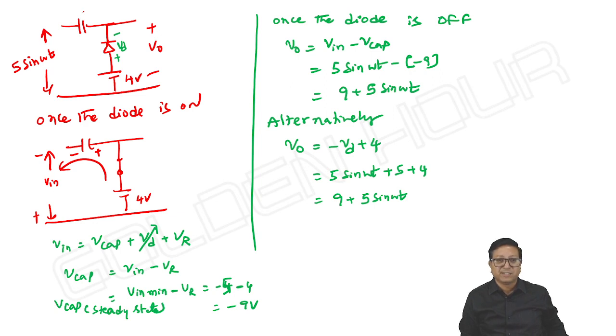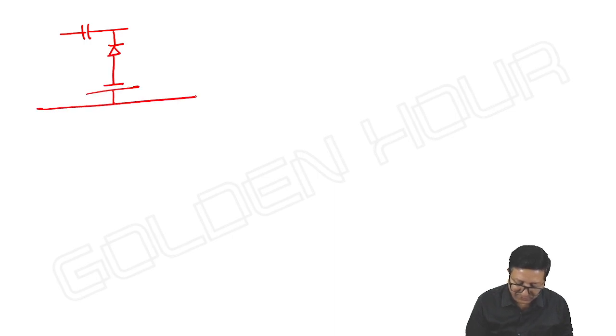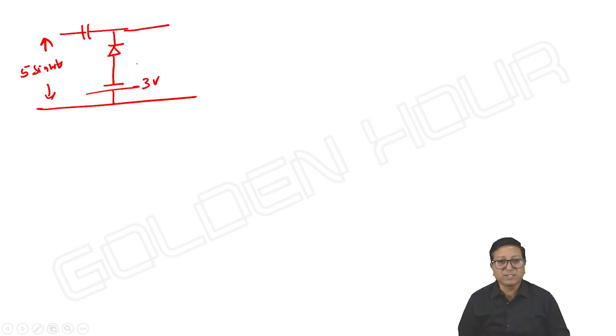Okay, so this is the idea. Again, next we can even take another circuit like this, same positive clamper, and I may connect here some negative voltage. It is 5 sin omega t. So what is V output?